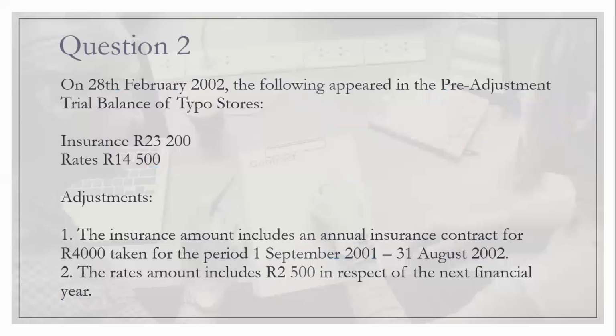So let's have a look at how we're going to write this in our transactions. On the 28th of Feb, which is our financial year end, we debit prepaid expenses and we credit insurance and rates.